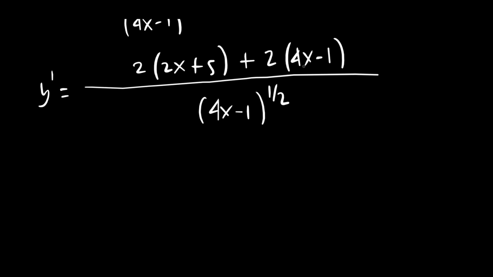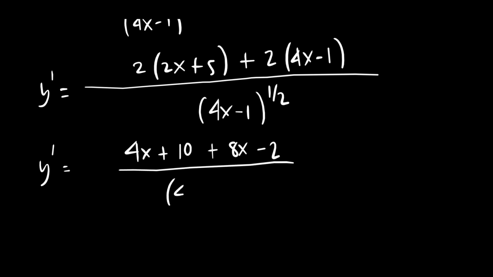So we'll further simplify. y prime is just equal to 4x plus 10, so 4x plus 10 plus 8x minus 2 all over 4x minus 1 raised to the power of 1 half.